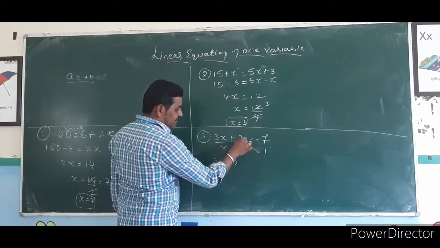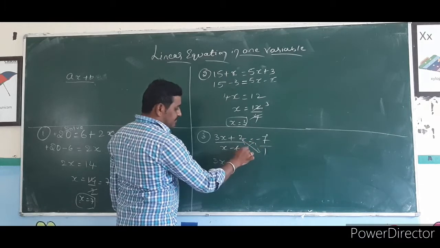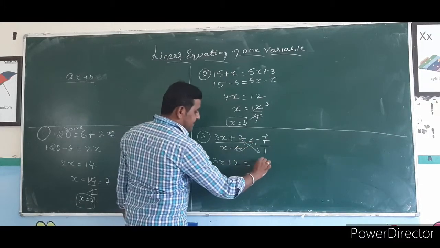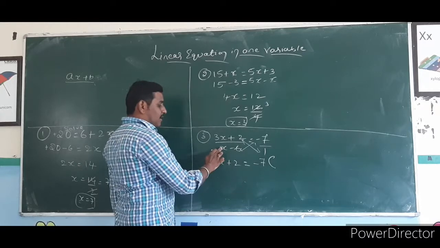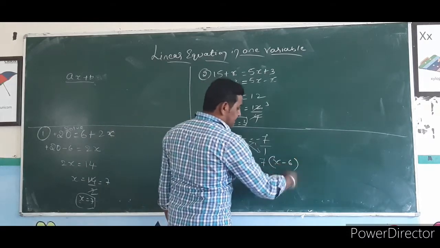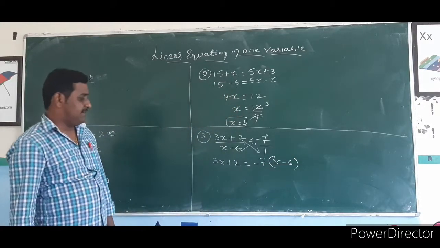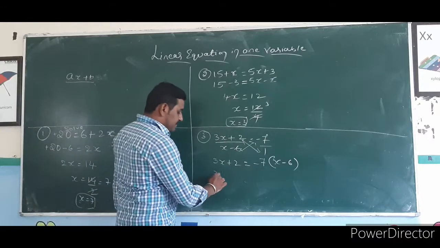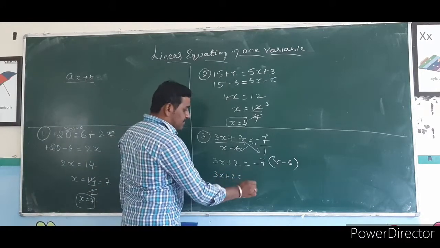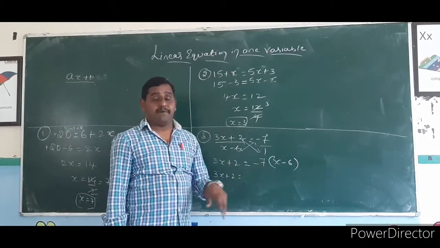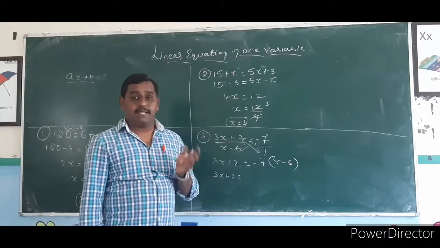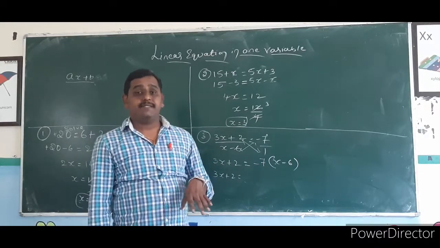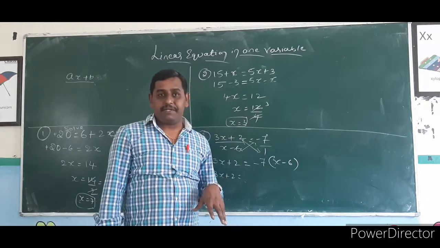Cross multiplication is equal to minus 7, put in the bracket, x minus 6. So 3x plus 2. Here, while you are multiplying a number with an algebraic expression, please consider the sign multiplication also.